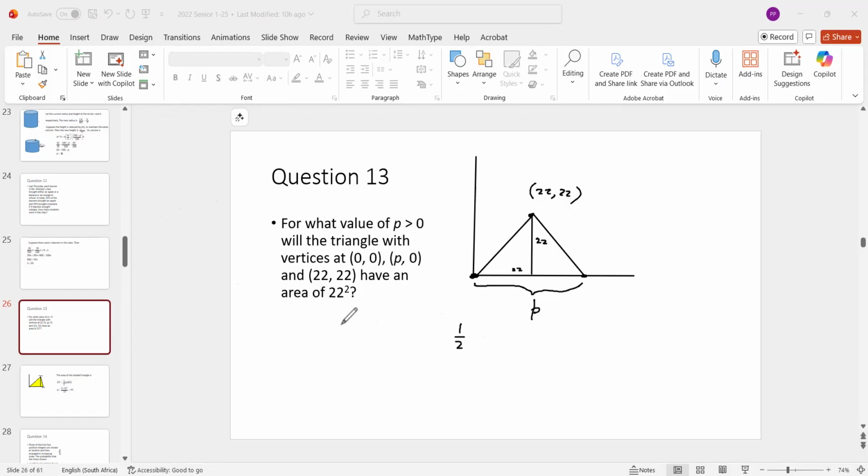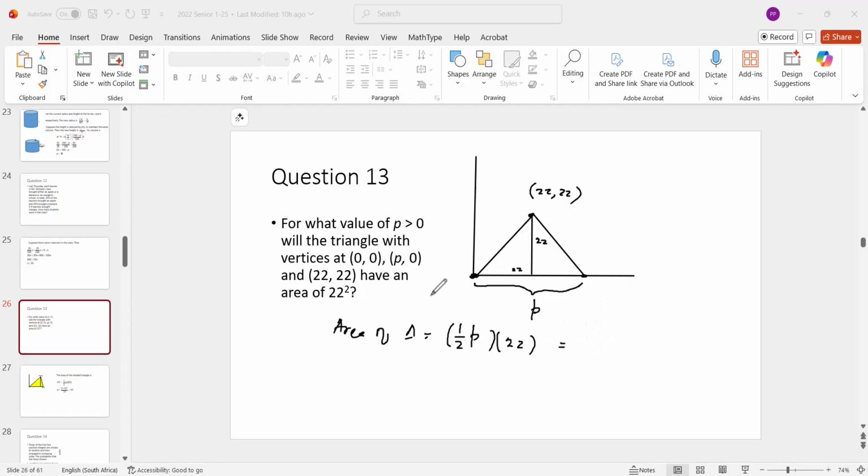So the area of the triangle, the formula for the area of a triangle is half base, and the base is p, times the height. Now, you know the height, you can see in the diagram, I got that as 22 because that's the y coordinate of this point.